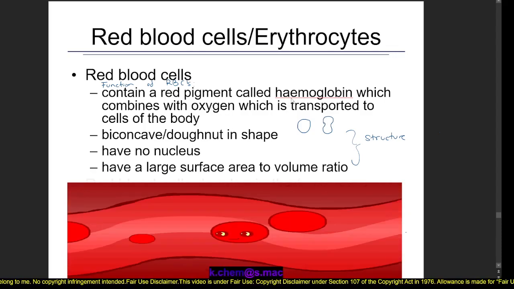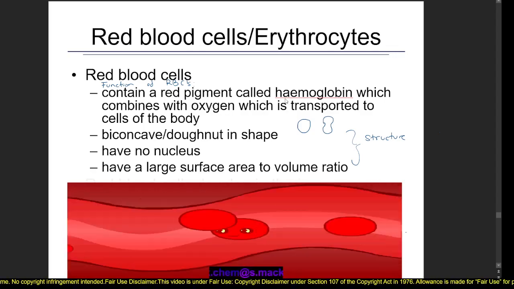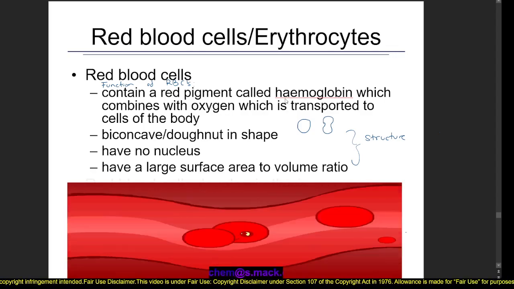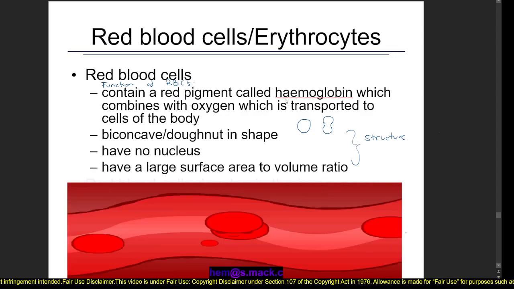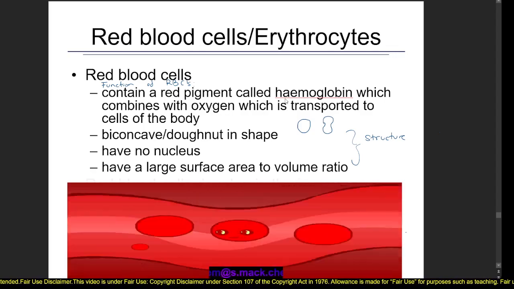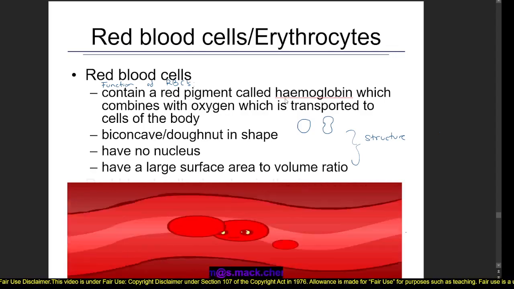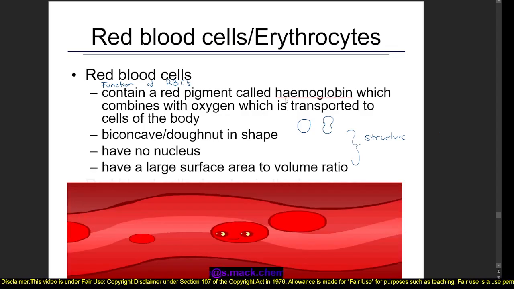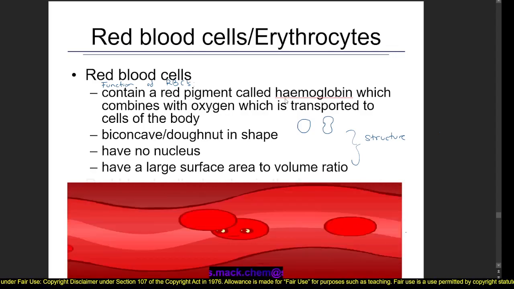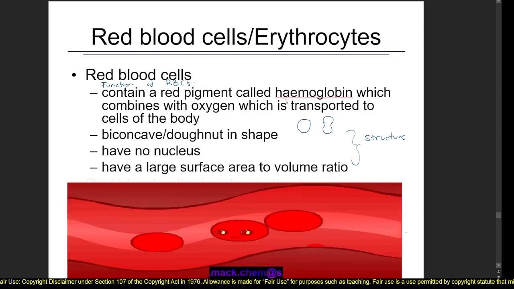Because they have no nucleus, they can hold more hemoglobin. So it does serve a purpose. And we also say red blood cells have a large surface area. Now, all these characteristics which describe the structure help to make red blood cells a good substance to transport oxygen.